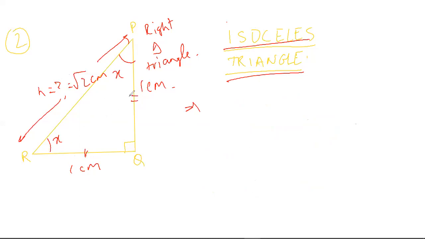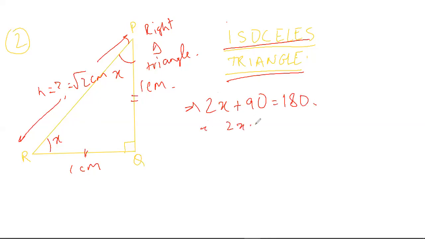If two sides are equal, therefore the two angles adjacent to them will also be equal. So x plus x is 2x. So 2x plus 90, and as I said earlier, the sum of all angles of a triangle is 180. So this will be equal to 180 degrees.